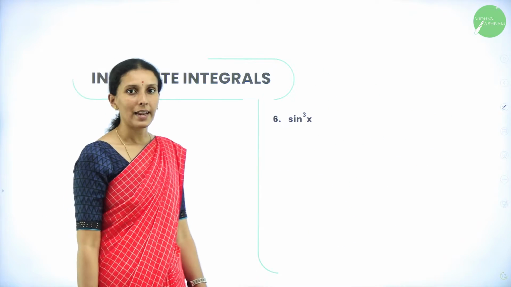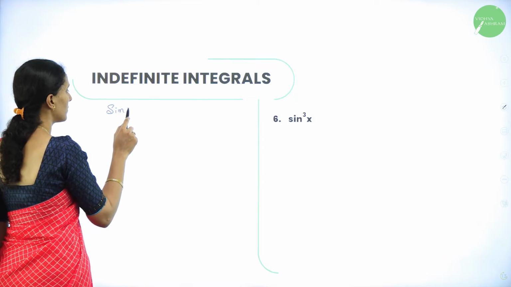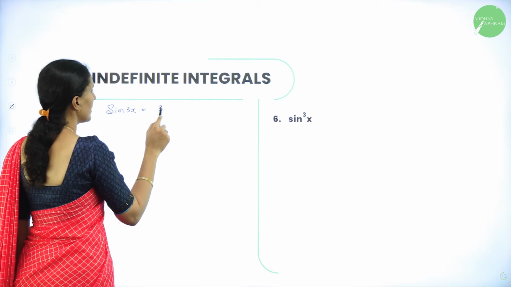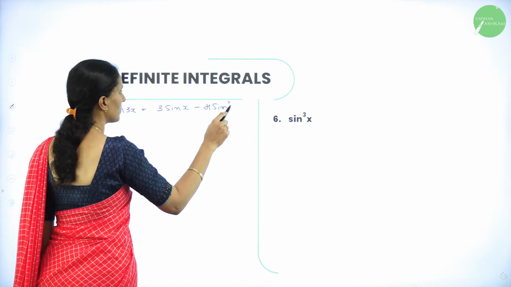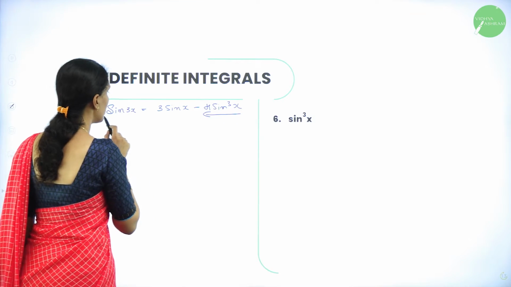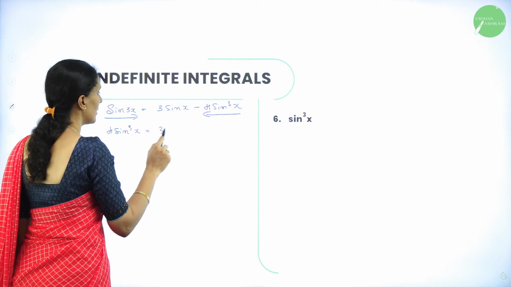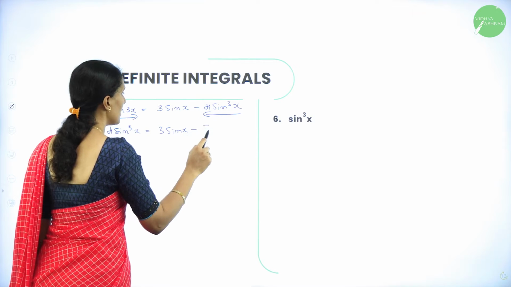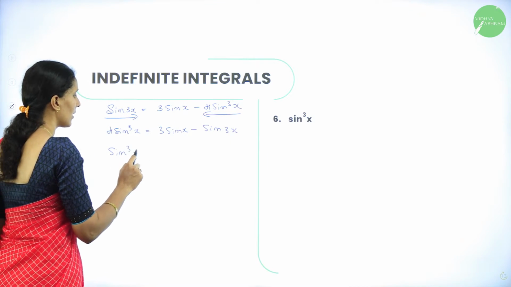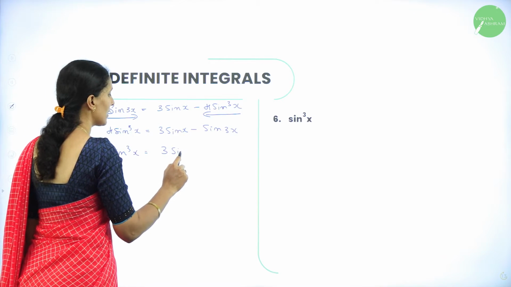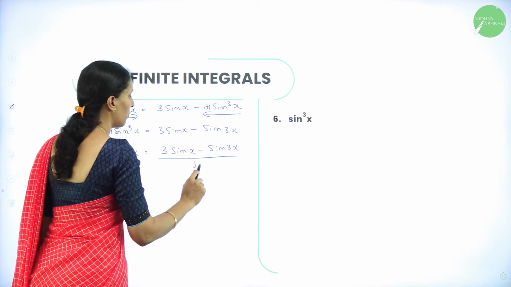Next question, sine cube x. So remember the formula, sine 3x can be written as 3 sine x minus 4 sine cube x. So 4 sine cube x can be written as 3 sine x minus sine 3x, or sine cube x can be written as 3 sine x minus sine 3x divided by 4.